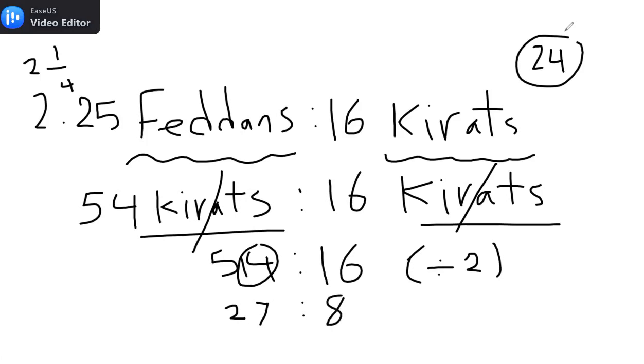And the ratio 27 to 8, the two terms of this ratio have no common factor. So we can say that this is the ratio in the simplest form: 27 to 8.